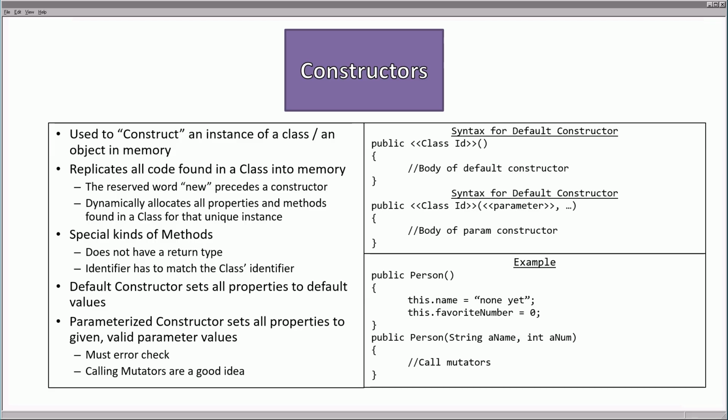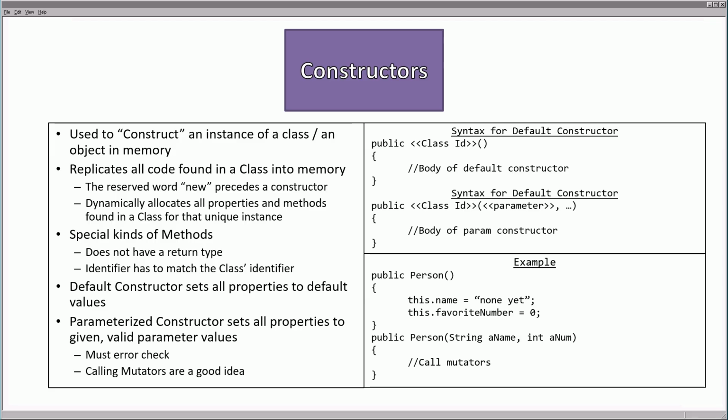It copies all of the information that you've written in one class inside of memory. And in this way, we can have multiple instances of the same class, which we call objects. And every time we create a new instance of that, it replicates all of the code that we've written one time in a class over and over again.